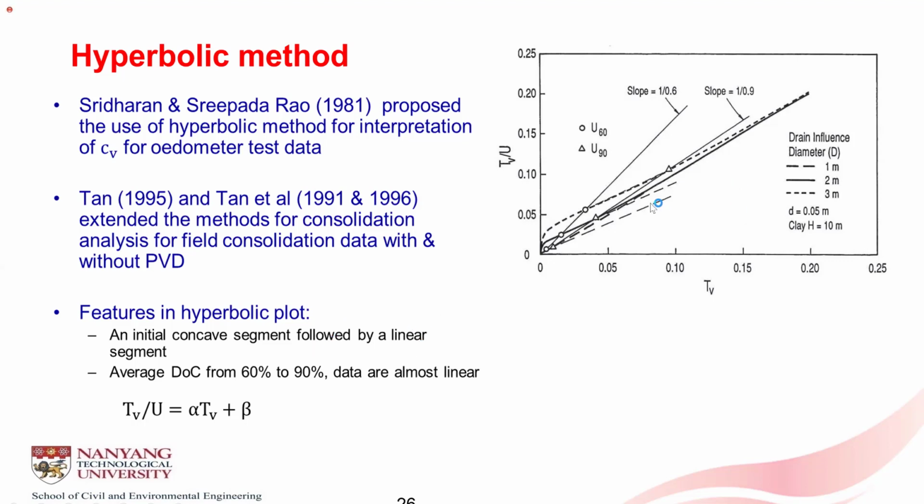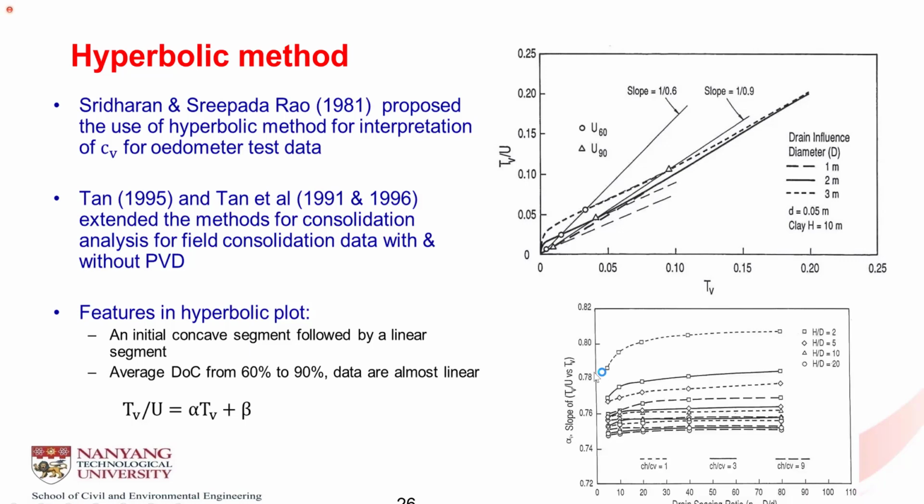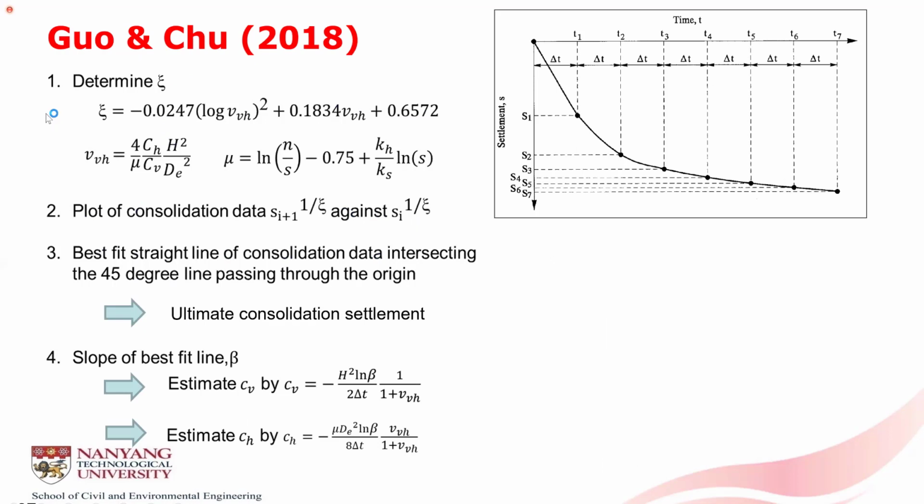Using this method, you will also be able to work out the ultimate consolidation settlement. And recently, my PhD student, Dr. Gore, has proposed another method. The difference between this method and the Asaoka or hyperbolic method is using the xi parameter, as shown over here.